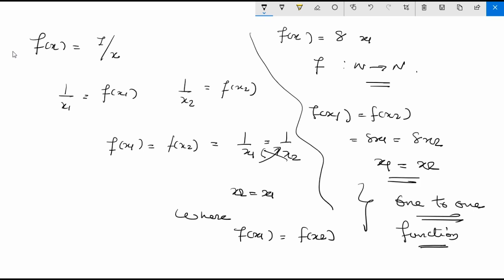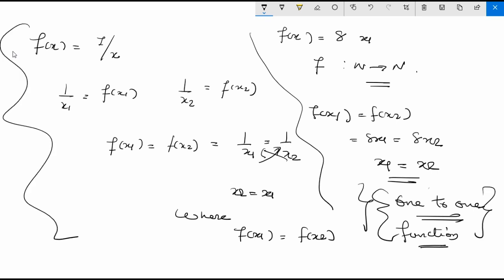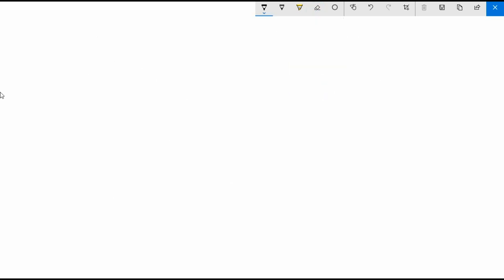So again this is a 1-to-1 function. So this is how you can test for a 1-to-1 function and prove that it is a 1-to-1 function or not a 1-to-1 function.